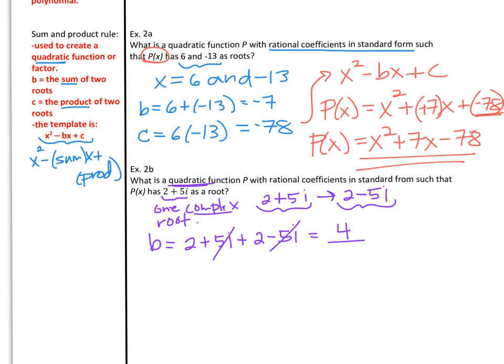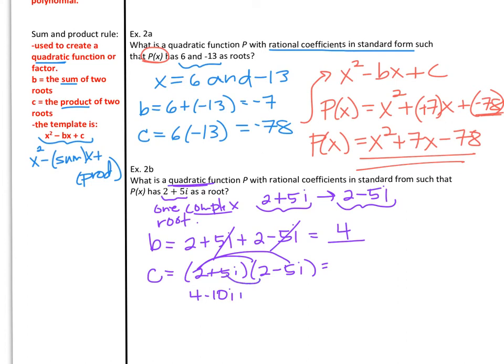The product will require a little bit more work. We'll have to multiply these two complex numbers together, similar to how we multiplied by the complex conjugate when we did division earlier this topic, and when we're done, the i's should cancel out again. If we do first, 2 times 2 is 4. If we multiply the outsides together, 2 times negative 5i would be negative 10i.